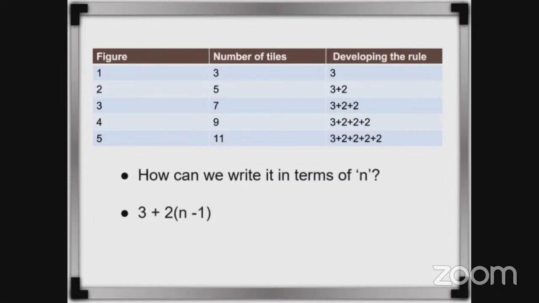And we could even further simplify this expression, and it would give us 2n plus 1. All right, so in order to determine the number of tiles for any term, for the nth term, we could use this simple expression 2n plus 1, where n represents the term that we are looking at. All right?